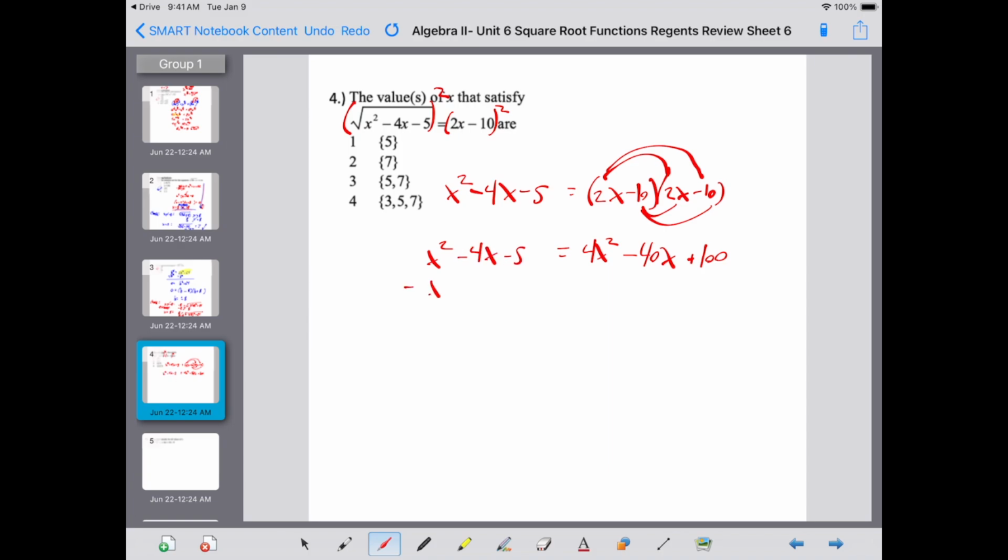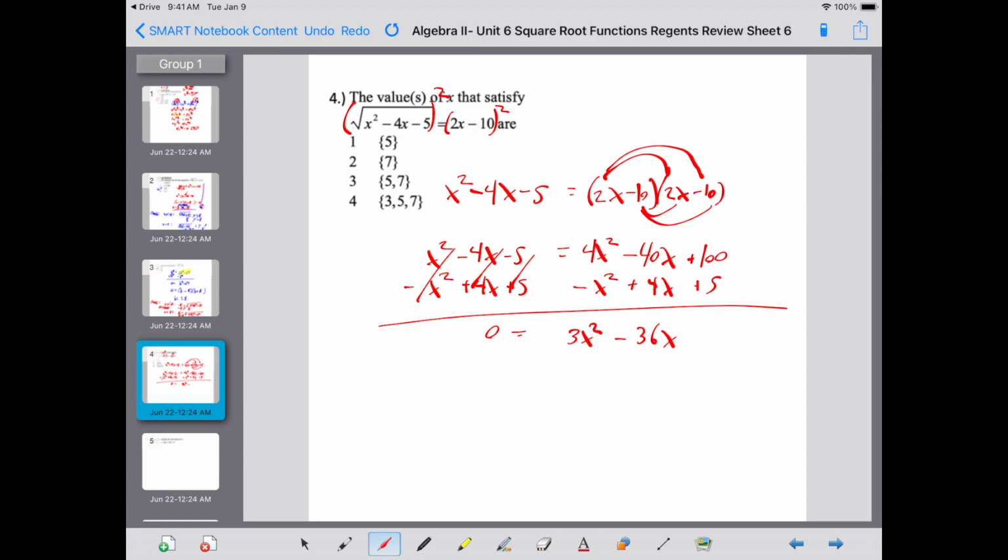We could subtract x squared, add 4x, add 5. 4x squared minus x squared, 3x squared. Negative 40x plus 4x is going to be negative 36x. 100 plus 5 is 105.